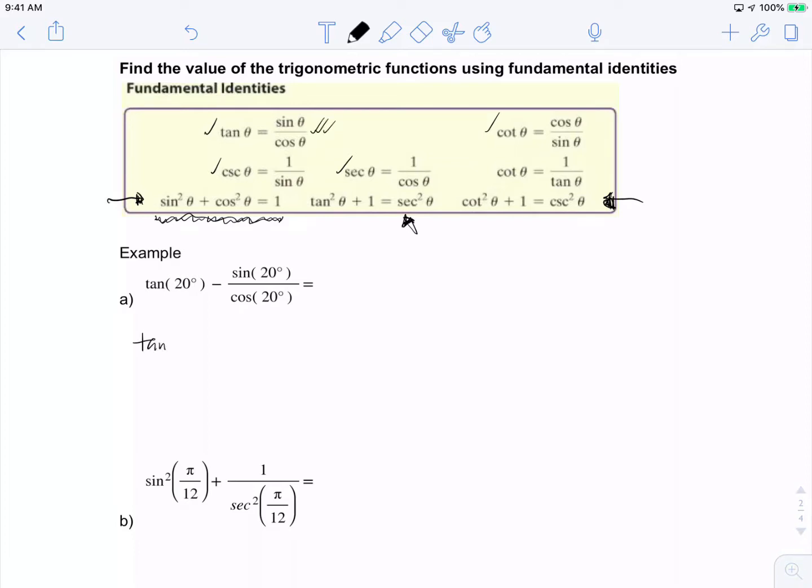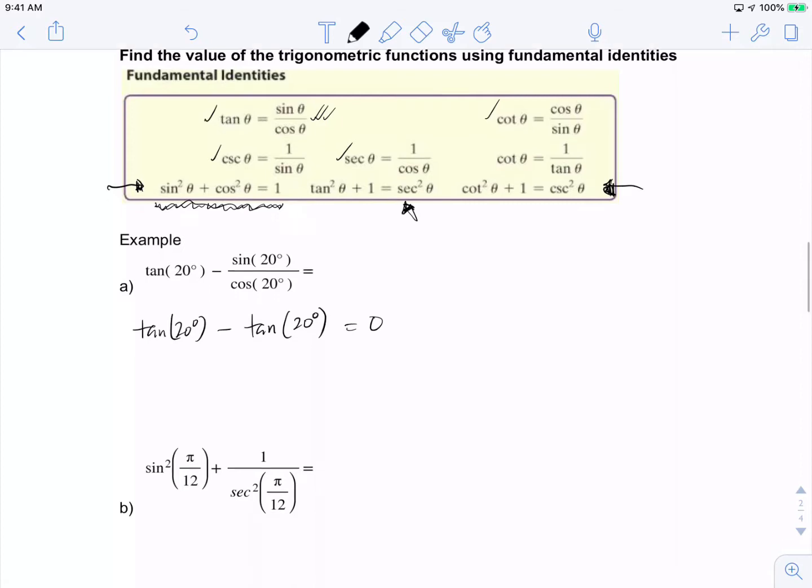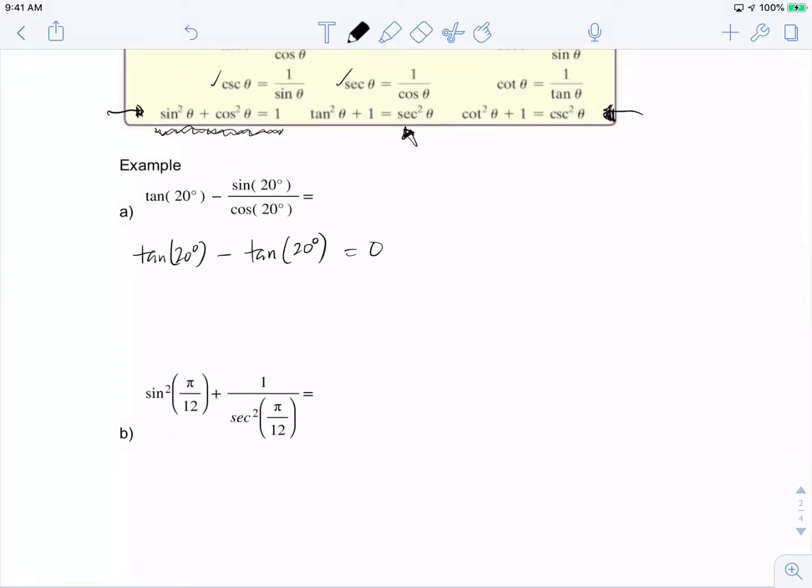So I'm going to say, all right, tangent of 20 degrees minus this ratio is tangent. So what's the degree? 20 degrees. So what's tangent of 20 degrees minus tangent of 20 degrees? You guessed it, it's 0.